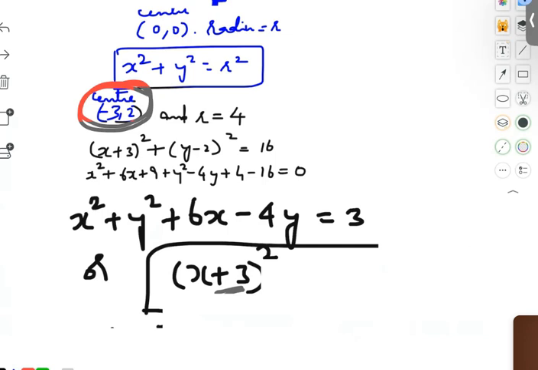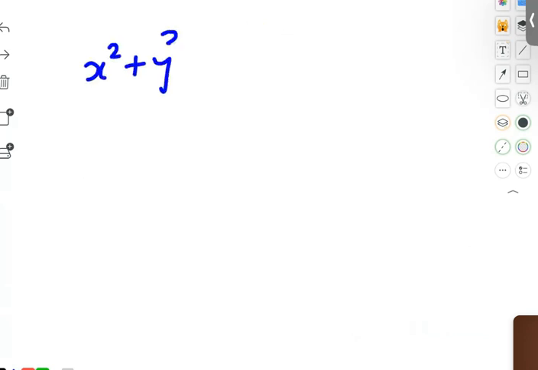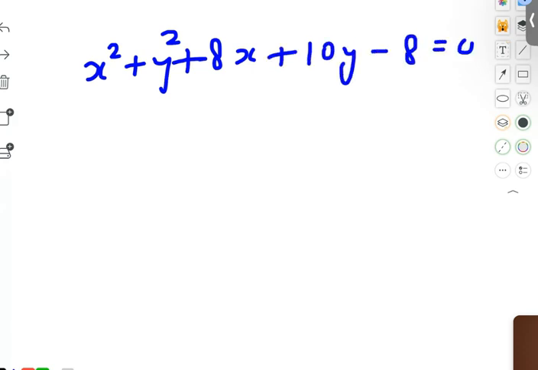the equation given is x square plus y square plus 8x plus 10y minus 8 equal to 0. Now, how will you convert this equation? This is 8x. How would you regard 8x?